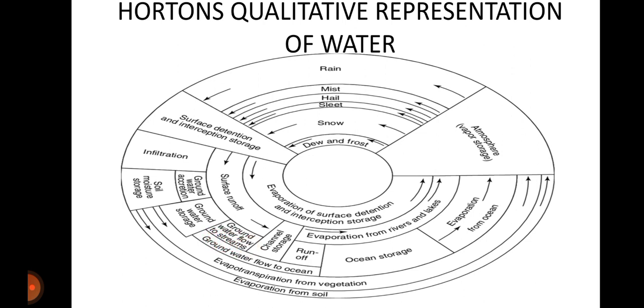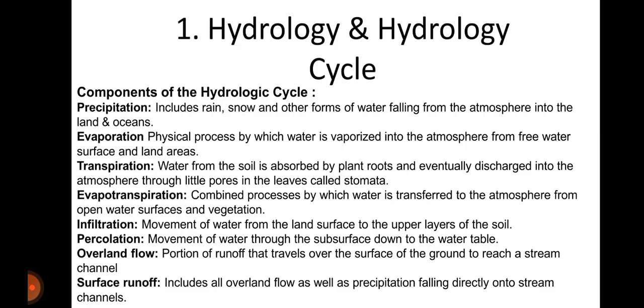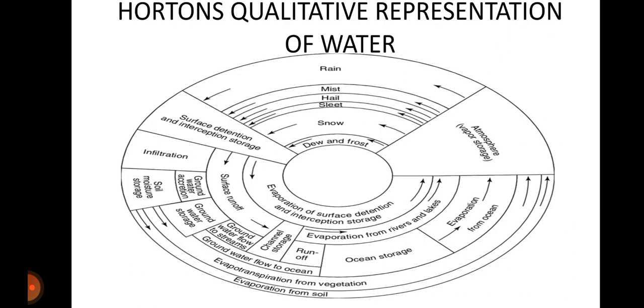You can see here the water that reaches the soil moisture storage gets evaporated in the form of evapotranspiration from the vegetation, and it will also evaporate from the soil, and finally reach the atmosphere. The water that runs off will reach the ocean.